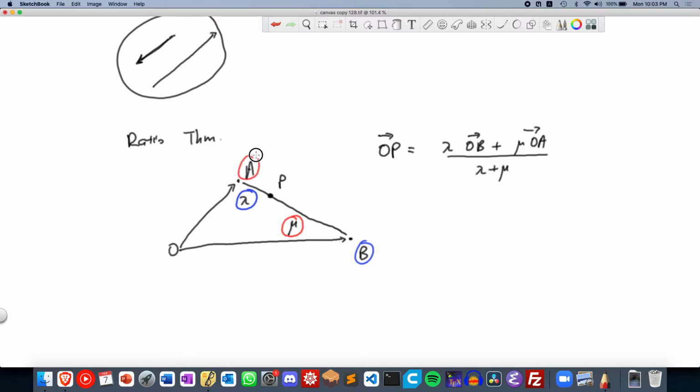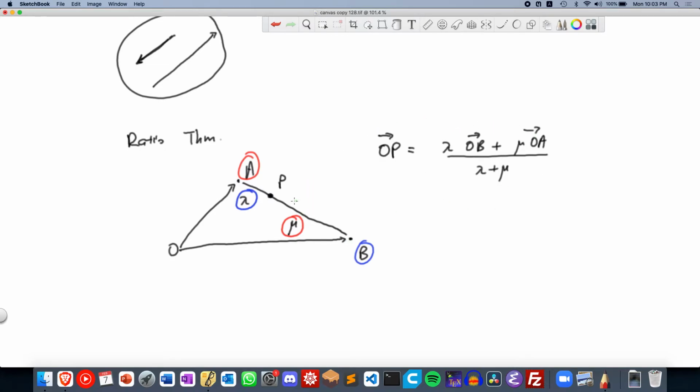They kind of go opposite sides, and this is intuitive because if you think about what happens if lambda equals 1 and mu equals 0, then OP is just equal to OB, and that would make sense.